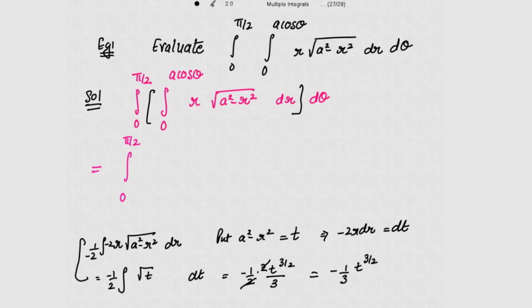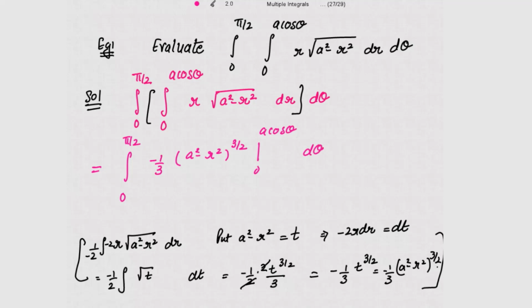And putting back the value of t here, I get minus 1 by 3 a square minus r square to the power 3 by 2. So I'm using this result here. Alright, so the integral of r square root of a square minus r square is minus 1 by 3 a square minus r square power 3 by 2, from 0 to a cos theta, and then this is d theta.